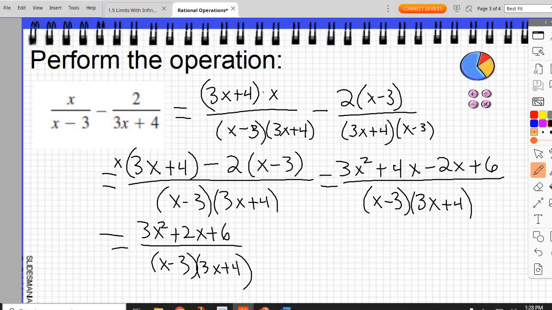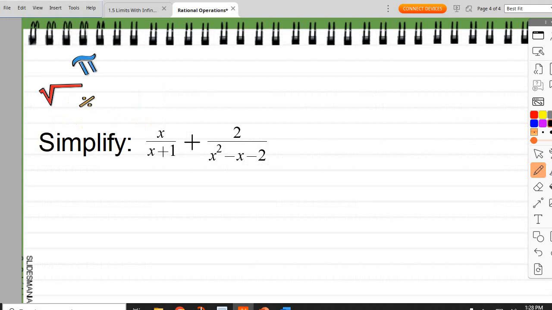Okay? So let's look at one more example together. Again, what are we looking for in order to be able to add things? Common denominator, yes. So in order to find our common denominator, we need to factor, okay? So which one of those is going to factor?